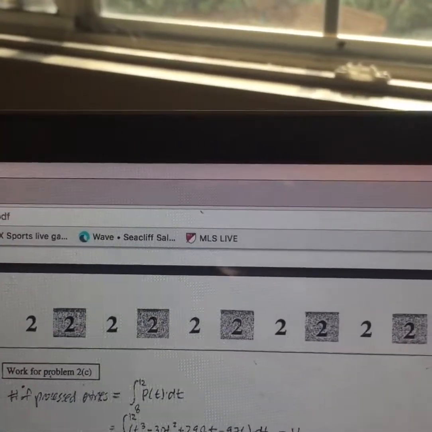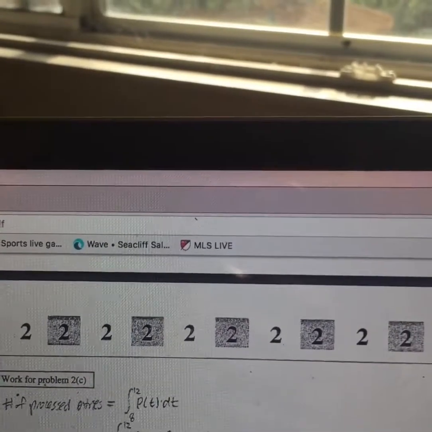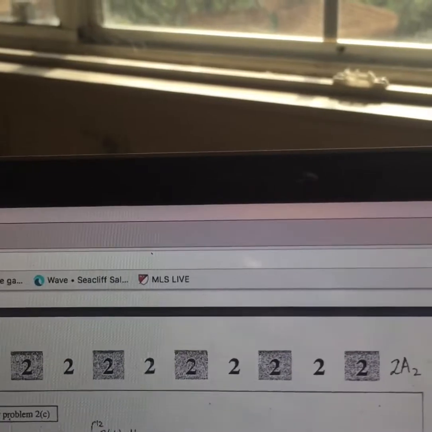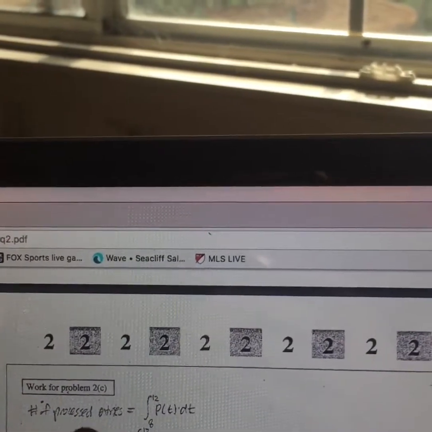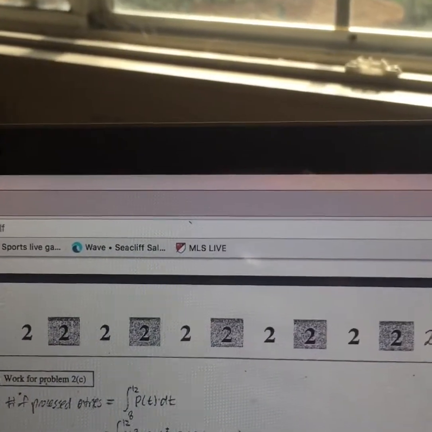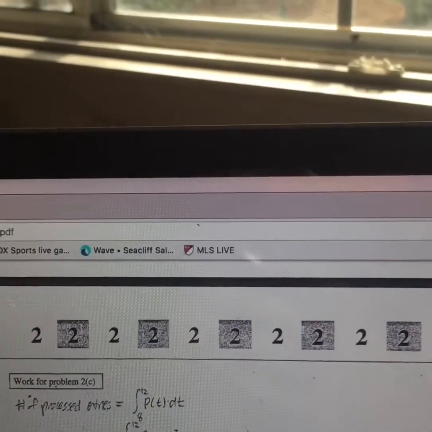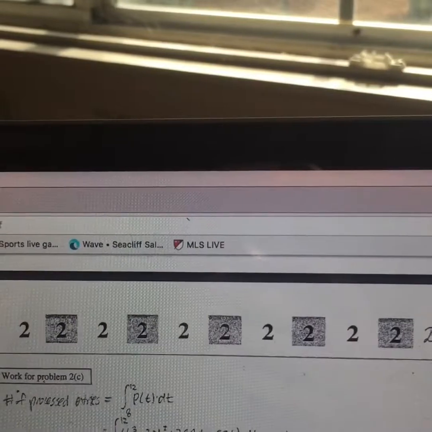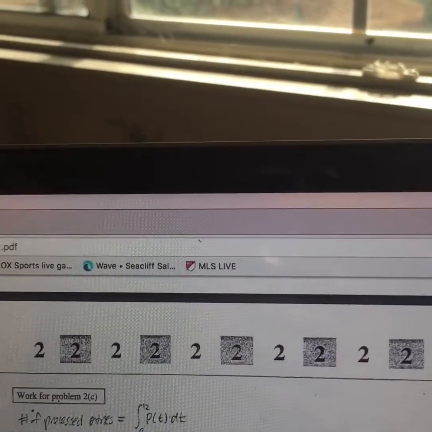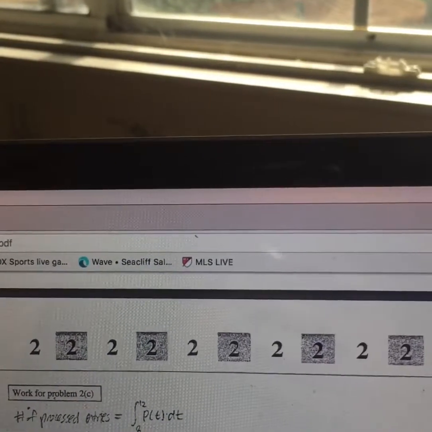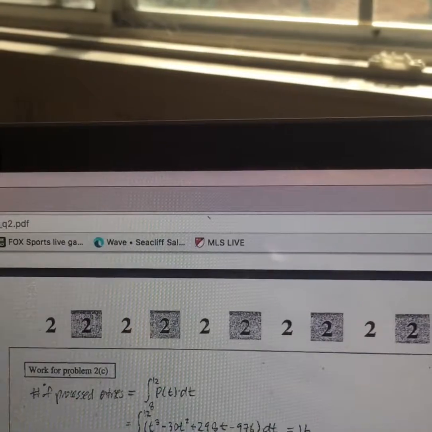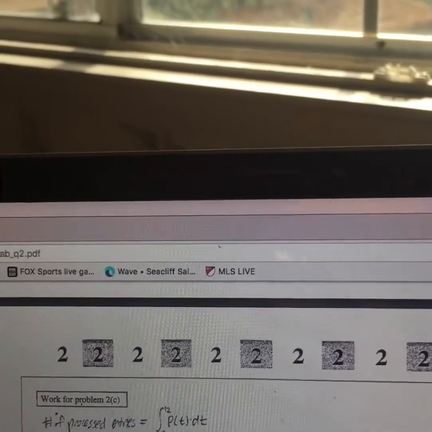They plugged it all in and showed that it equals 16, and this is a fine answer if it was just the integral, but if they put the 23 minus in front of this, that could be an okay answer. Then they showed that the number of unprocessed entries is e of 8, because that's the given lower limit, minus the 16, and then given that e of 8 equals 23, they said 23 minus 16 equals 7. And then they used the correct units and said 700 entries had not yet been processed.